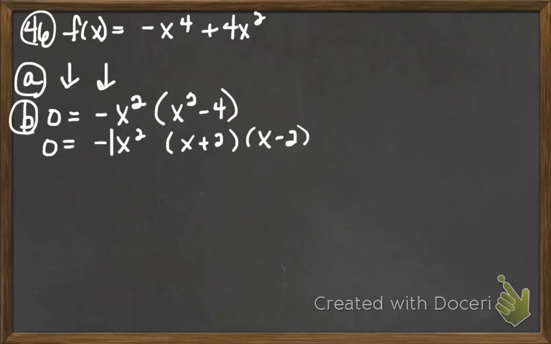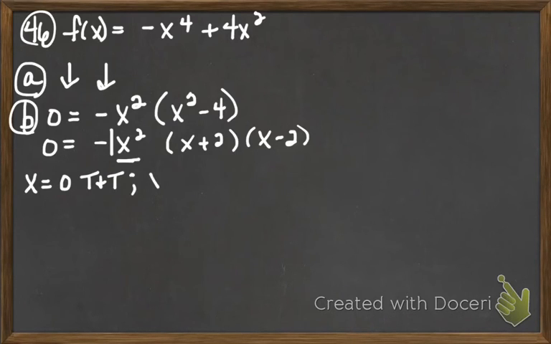So look at the first factor that has an x in it. That's x squared. If you set x equal to 0, you just get 0. Okay? What's the multiplicity of that factor? 2. So since the multiplicity is even, that's an x-intercept where the graph is going to touch and turn.